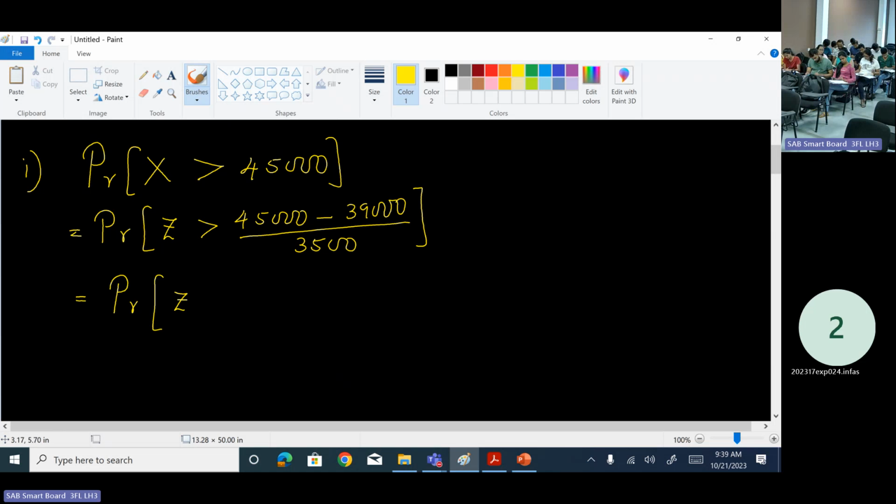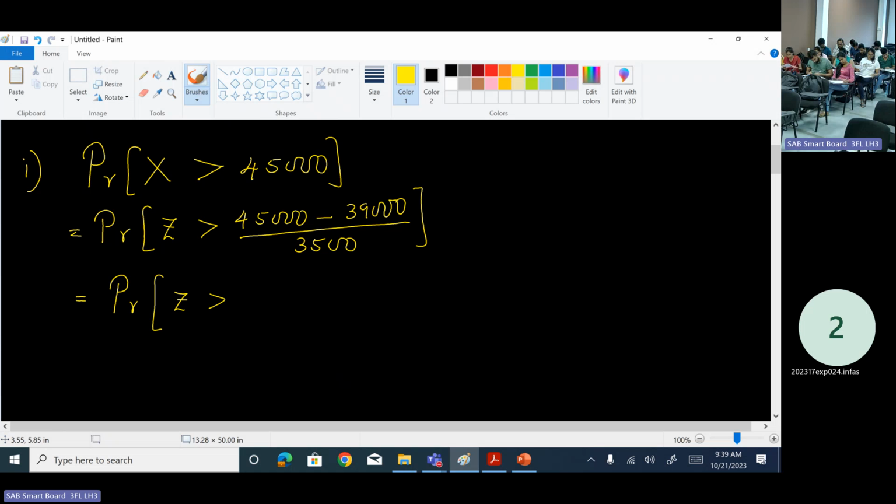Probability is that, here we have 6,000 divided by 3,500. Sixty over 35, 12 over 7, 1 point something.